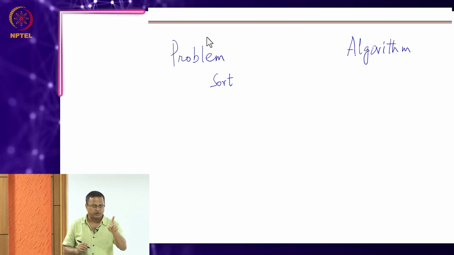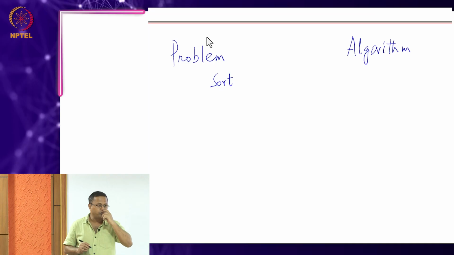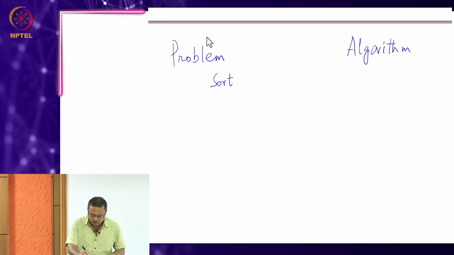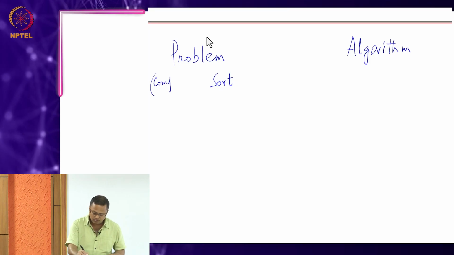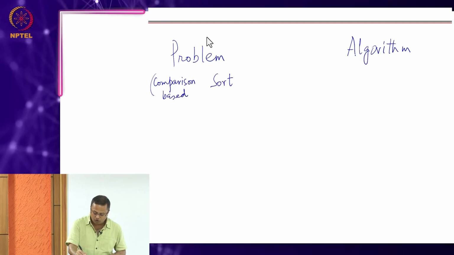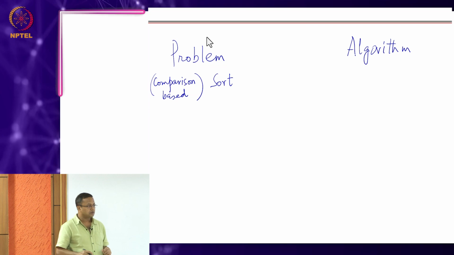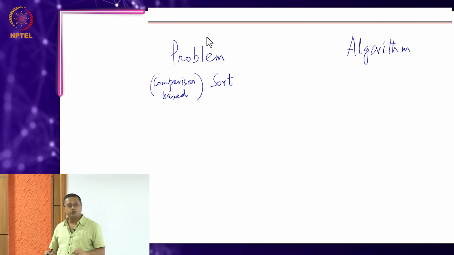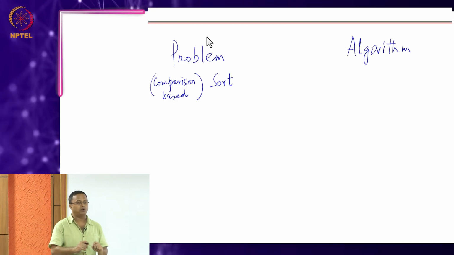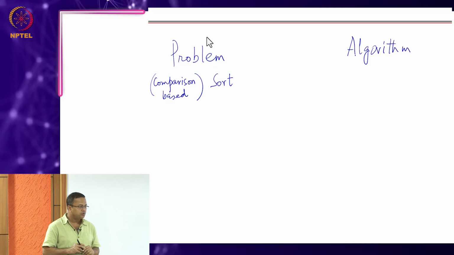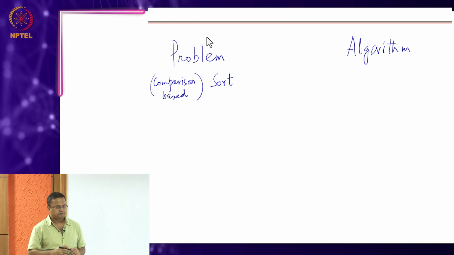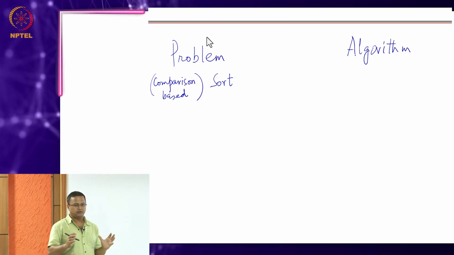Mind you, all these sorting algorithms that you looked at, bubble sort, selection sort, merge sort, quick sort, heap sort, they are all comparison based sorts. That means the machine in which you sort has the power to compare two numbers and tell you that this is greater, this is less. So, this is my machine.